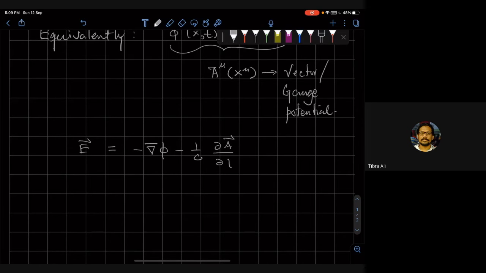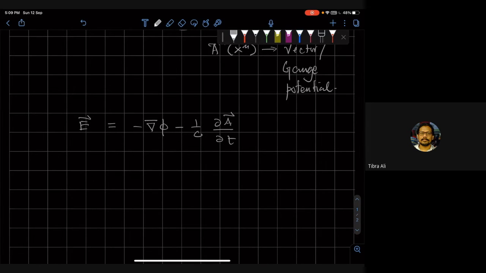Okay, so if you integrate these equations, you can find the definition of the potential. Okay. Now, one of the things about the gauge potential is that they're not unique.